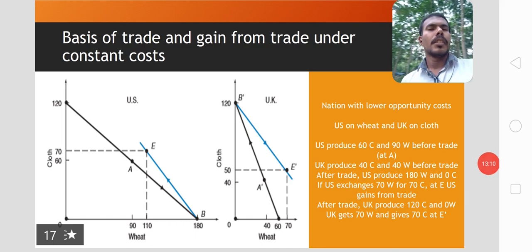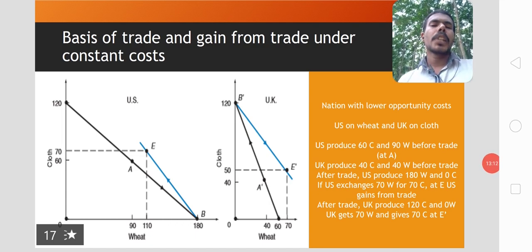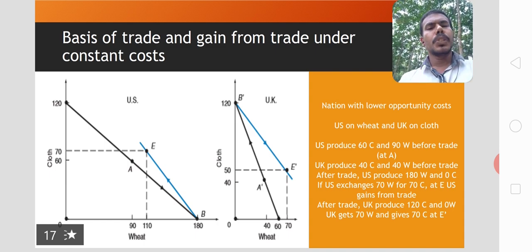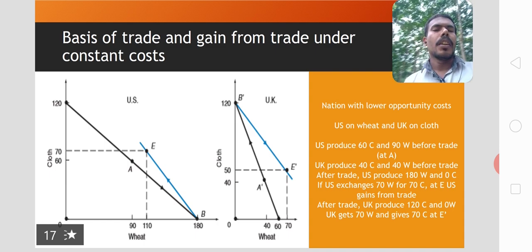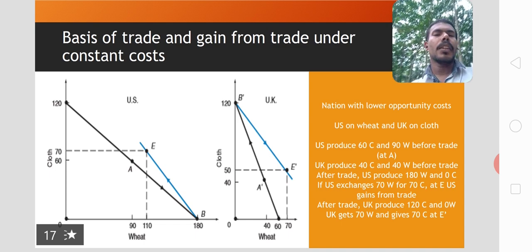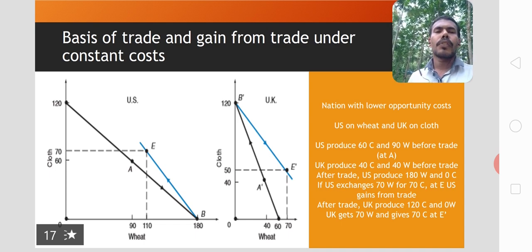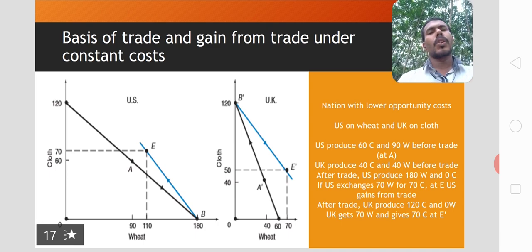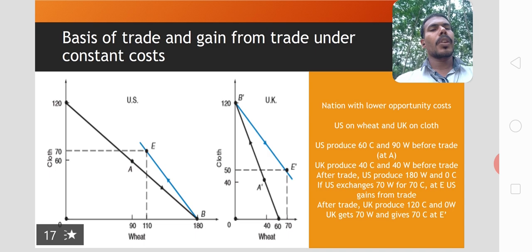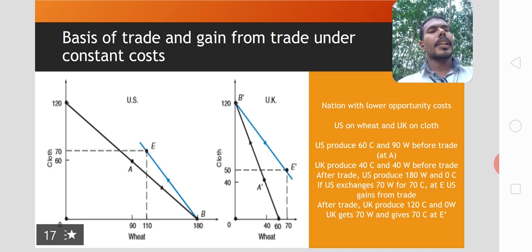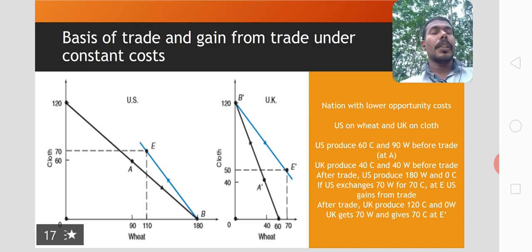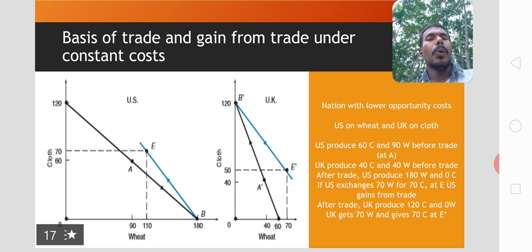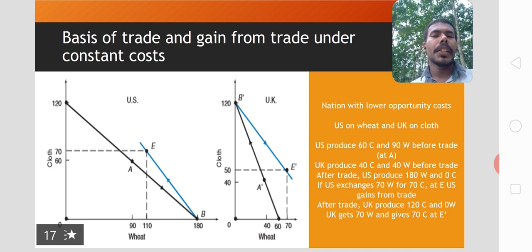But the US needs both commodities, wheat and cloth. Since they have the advantage in wheat, they produce only wheat, and they import cloth from the UK. Since the UK has the complete advantage in cloth and specializes in cloth, the UK exports cloth to the US, which means the US imports cloth from the United Kingdom.